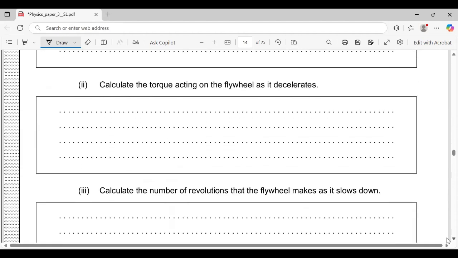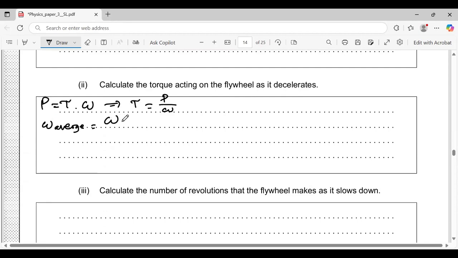To calculate the torque acting on the flywheel during deceleration, we can use the relationship between power, torque, and angular speed. Power equals torque times the angular speed, so torque equals power over the angular speed. I would like to find the average angular speed.